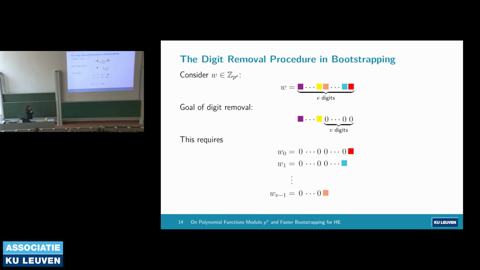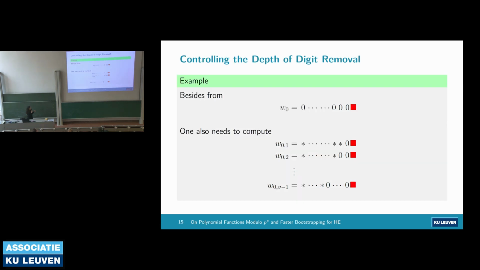For example, to compute w1, it would be natural to use the difference between w and w0, but w0 already costs high multiplicative depth. So it's much wiser to use the difference between w and this w01.